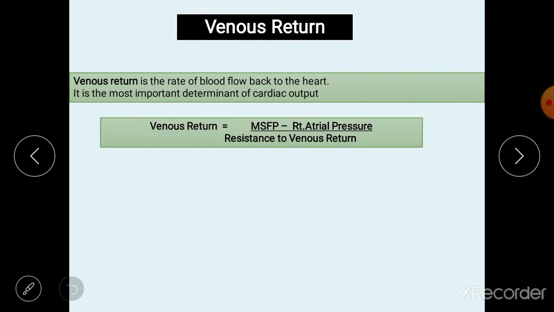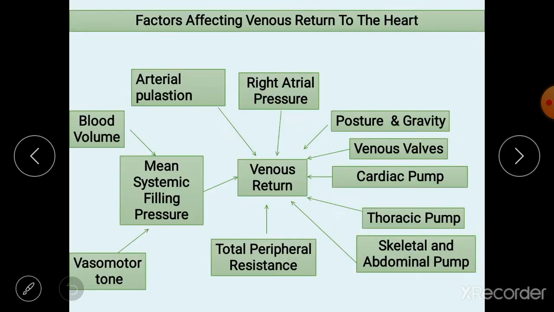Now let us discuss all of these properties one by one. So if you are asked a question about factors affecting venous return, you must mention all of these. As I mentioned before, the most important factor which affects the venous return is number one, the mean systemic filling pressure. And mean systemic filling pressure in return is affected by the blood volume and by the tone of the blood vessel. Secondly, we have the total peripheral resistance.